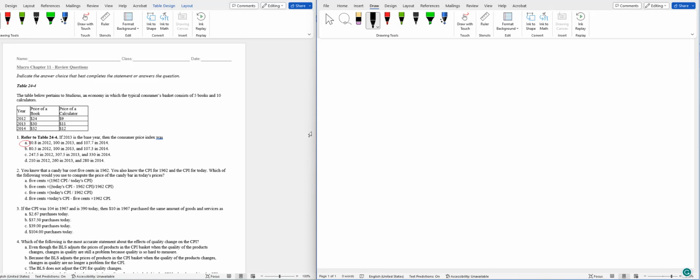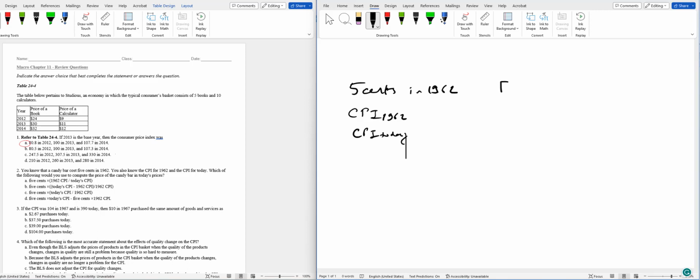For the next question, you need to know how to convert dollar values from different times. Here in this case, you have a candy bar and it costs 5 cents in 1962. And you know the CPI for 1962. And also you know the CPI today. And the question is asking how to compute the price of the candy bar in today's price.